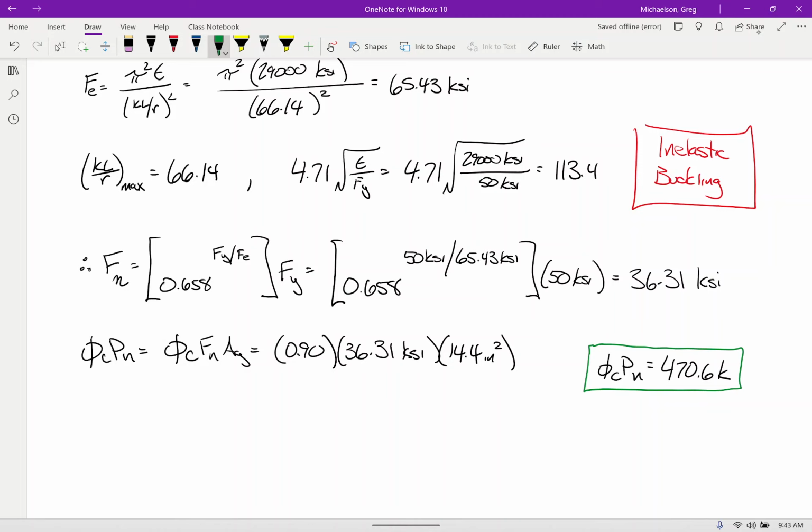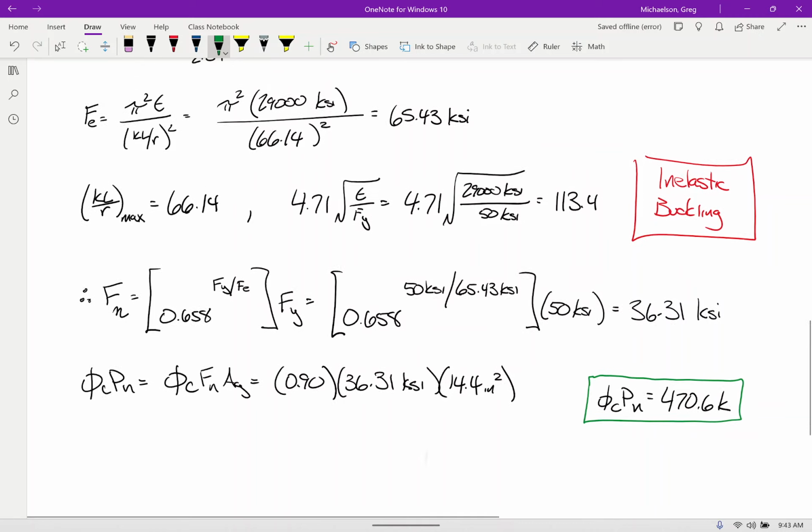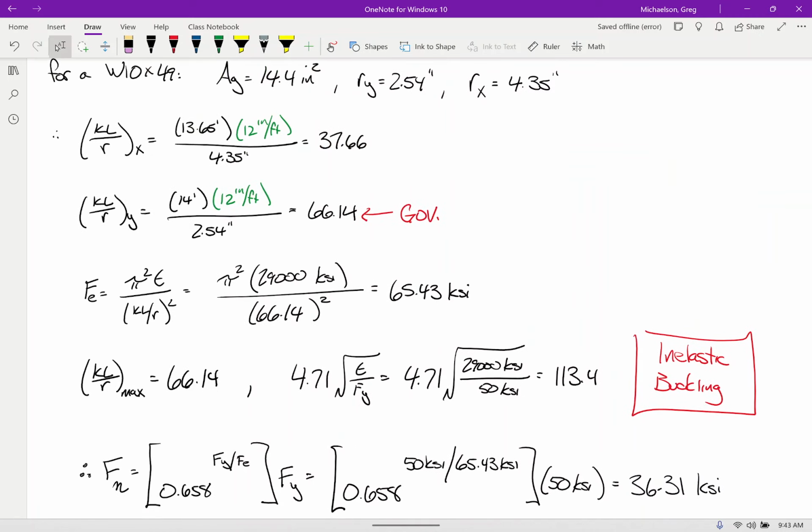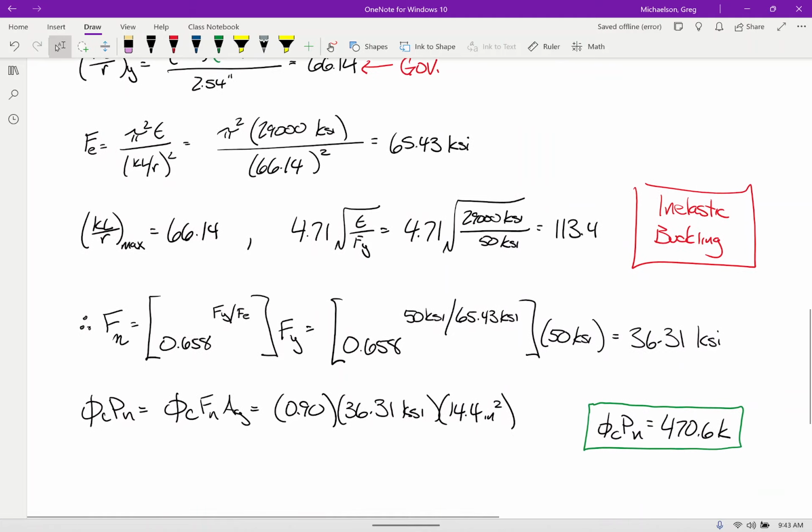Okay? Now, I will say though that checking this was a formality. In other words, this capacity in this table is computed assuming the weak axis governs. The moment that we got to this step right here and we found that the weak axis governed, I would have gone and bought a lottery ticket based on the bet that the capacity came out to 471, because that's what's listed right here, okay?